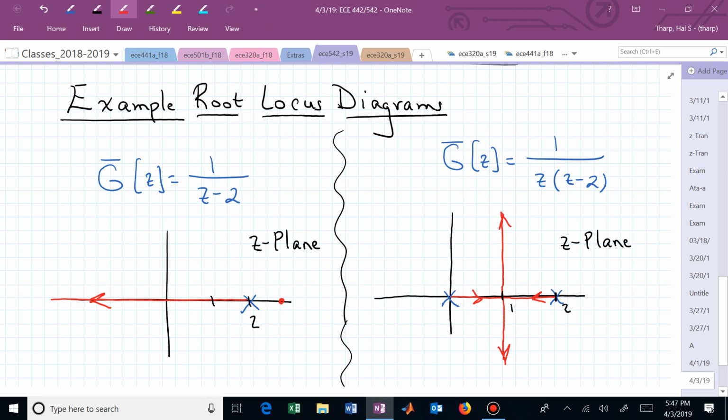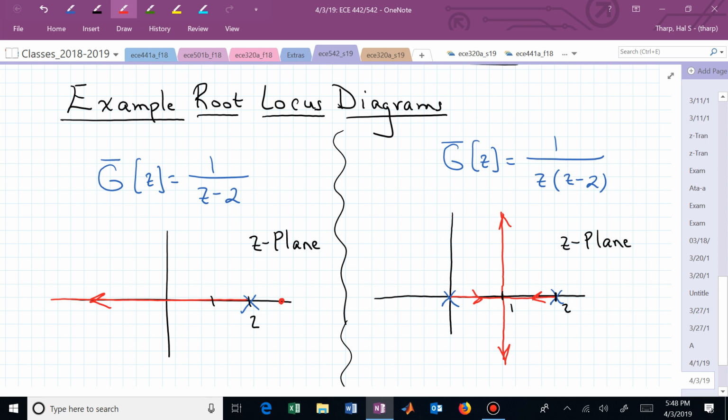But any point behind or to the left of that pole, now I do have to move through 180 degrees to get there, and I subtract those angles because they're associated with the pole, and now any point to the left of that pole at 2 belongs to the root locus. That's why the root locus just belongs to all points to the left.